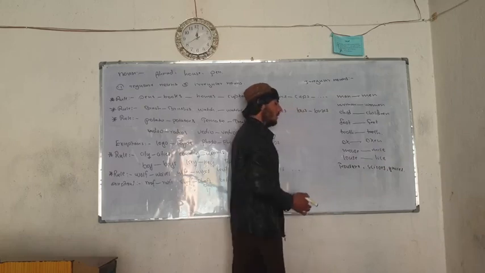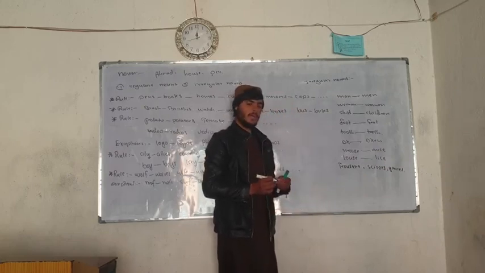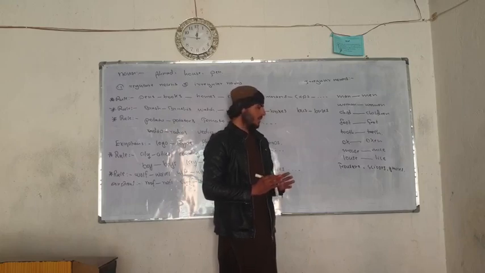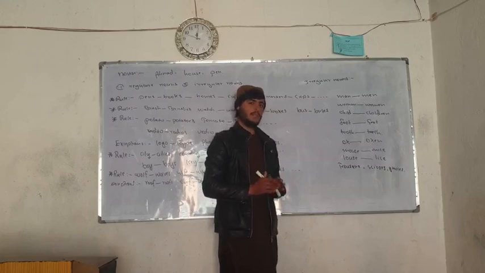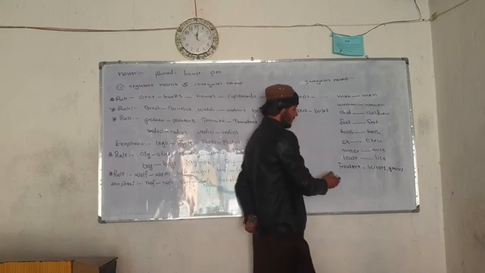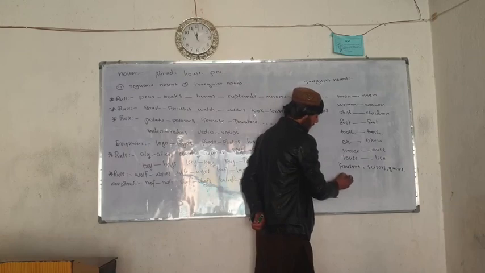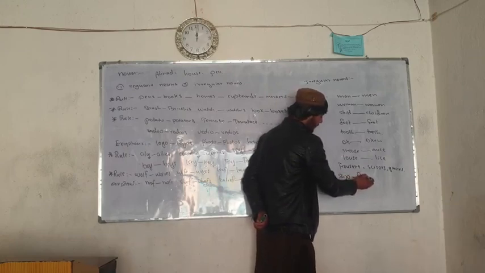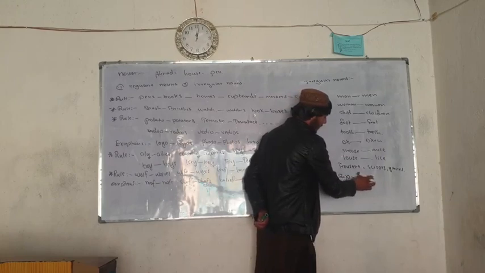These nouns are all the time in plural form even if they are in singular form too. And some are vice versa. It means there are some nouns in English that are all the time in singular form even if they are in plural form too. Like sheep, fish, and deer.